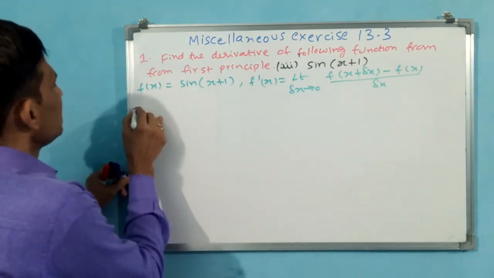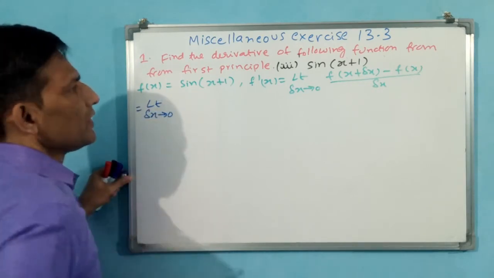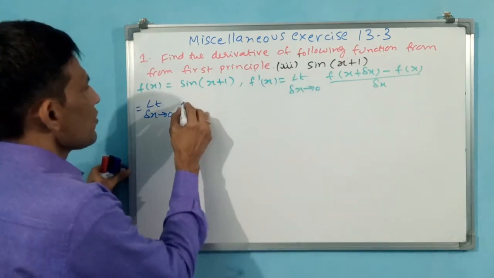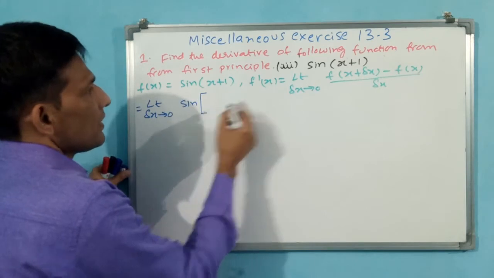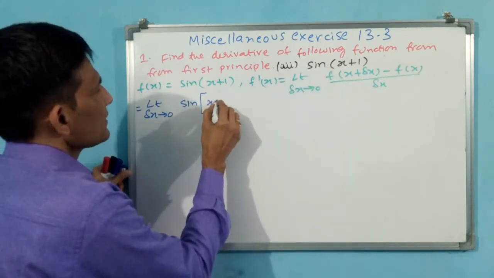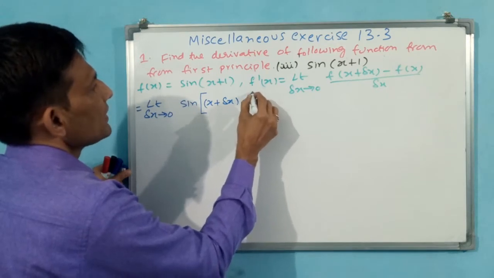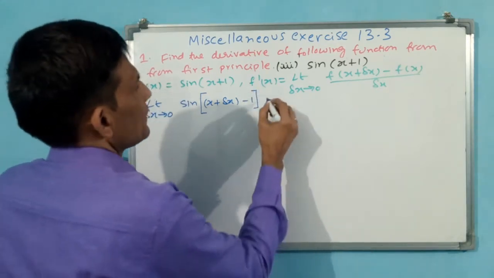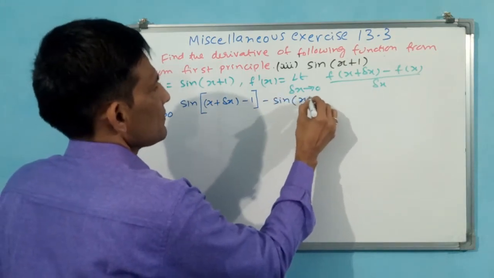That is equal to limit delta x tends to 0, f of x plus delta x. That means where x is there, there only you have to write. You see carefully what I am writing. Sine x is there, you write x plus delta x plus 1, minus f of x, sine of x plus 1.